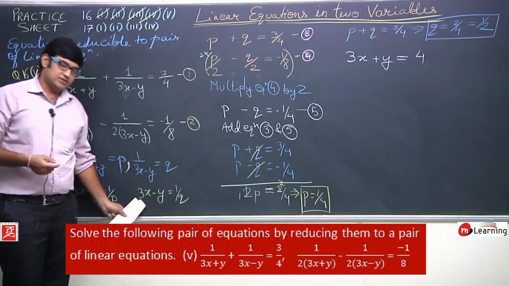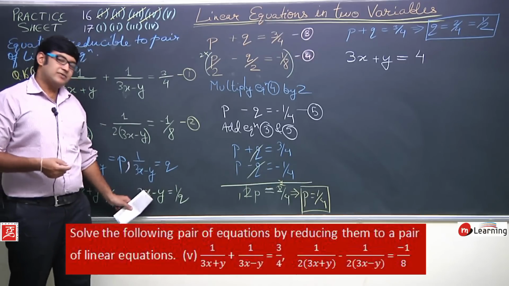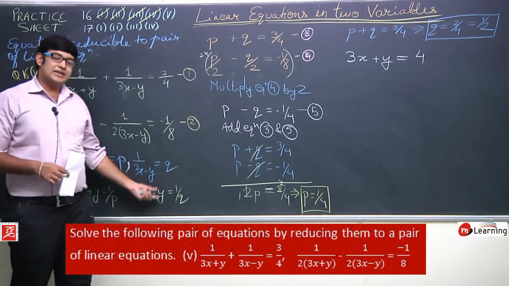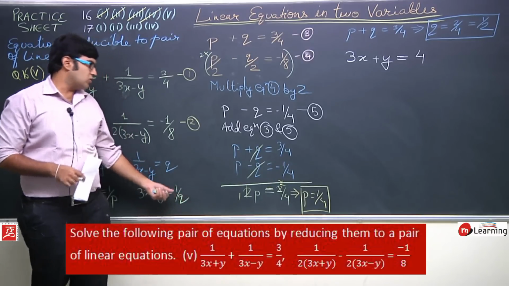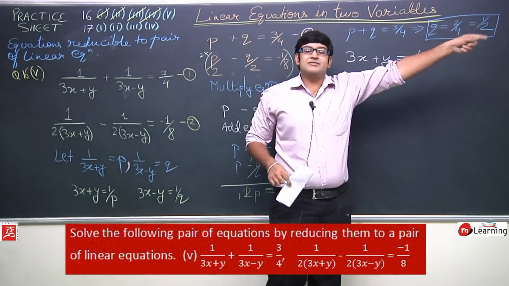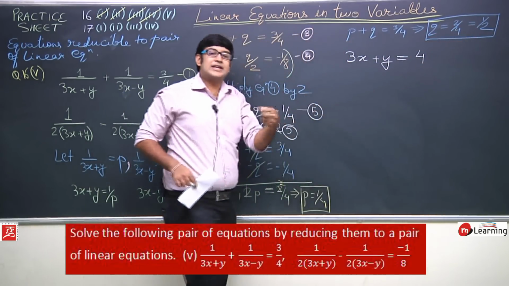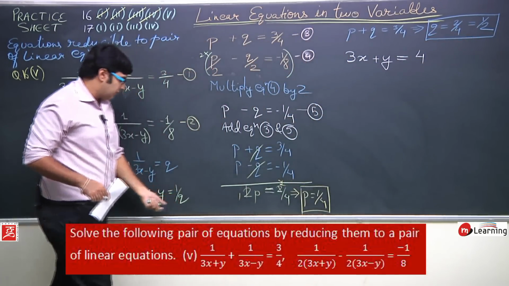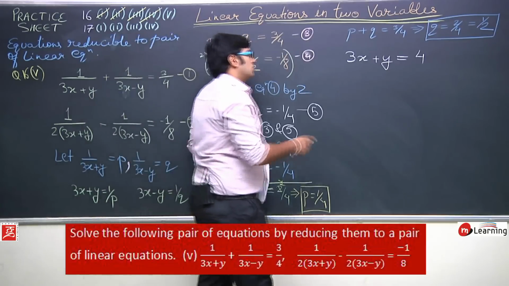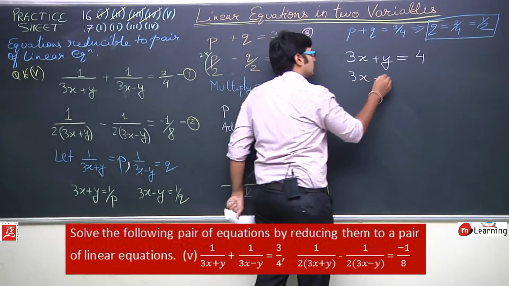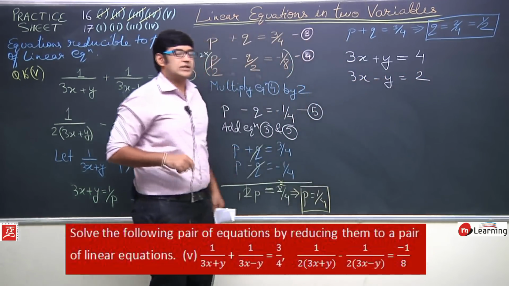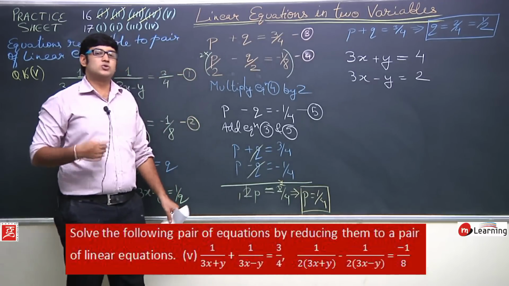Then the second equation, 3x minus y is equal to 1 upon Q, and the value of Q is 1 upon 2. So what is the value of 1 upon Q? It will be the reciprocal of Q. It will be 2. Hence 3x minus y is equal to 2.